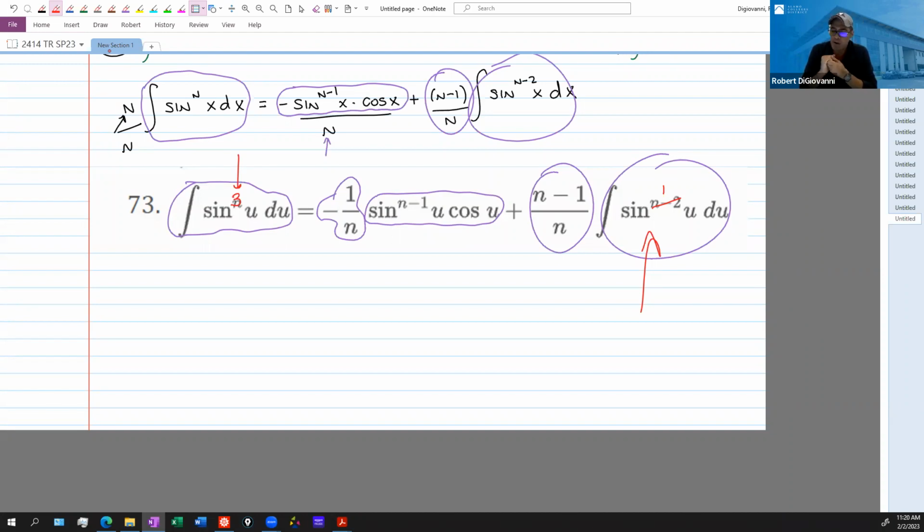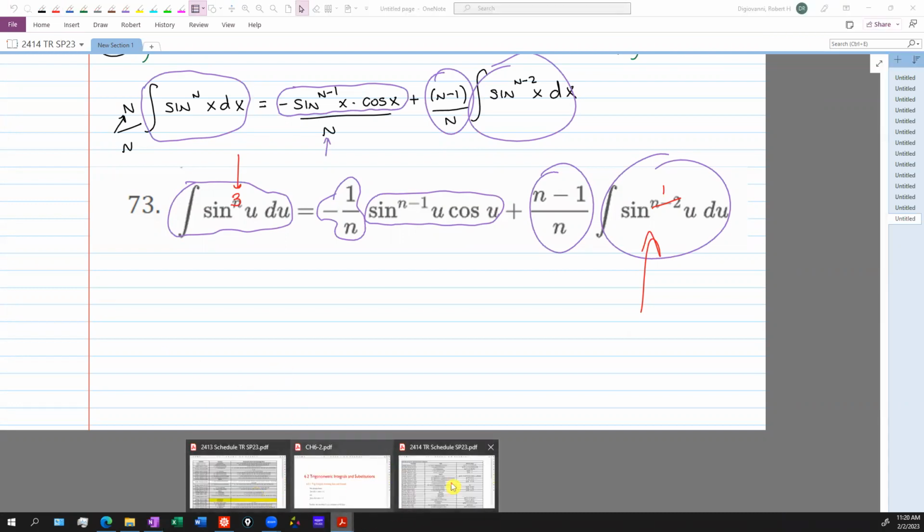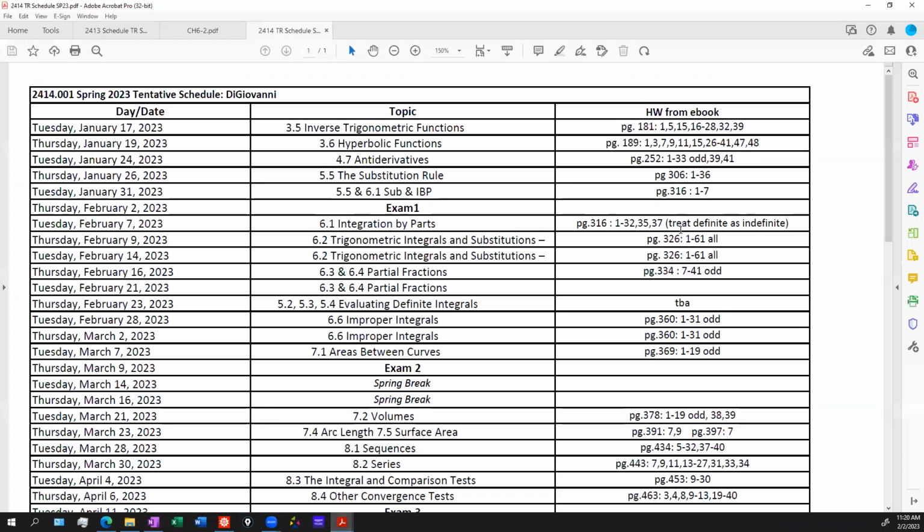So there are some problems in the homework where I believe I did assign them out of this section 6.1, where you can try and come up with the reduction formulas. Not a bunch of them. Just double check your calendar. I think it was 35 and 37.